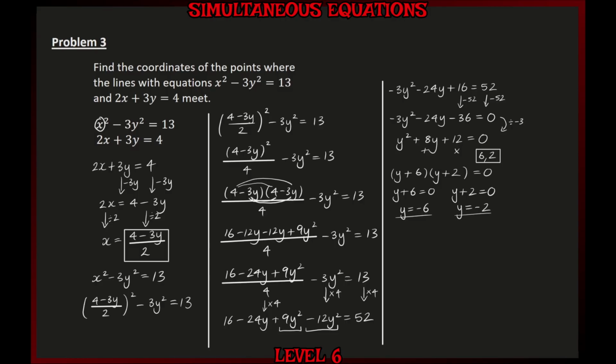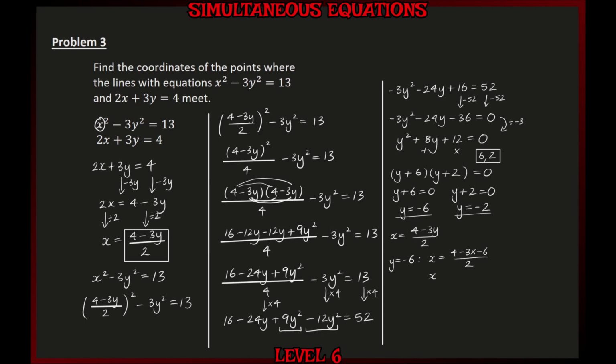To find the value of x, we now want to take our rearranged equation, x is equal to 4 minus 3y over 2, and substitute our y values into this. So starting with y equals minus 6, this becomes x is equal to 4 minus 3 times minus 6 all over 2.